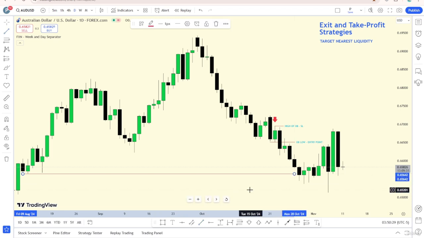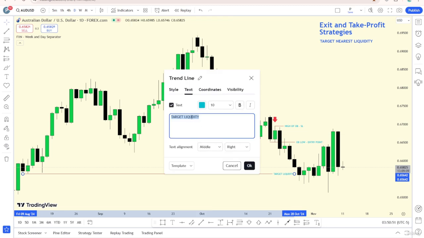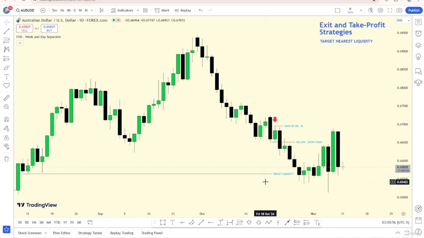For example, this is an example of a target liquidity that you can use actually to execute and to exit your positions basically. So these are just near-term liquidity points that you can use.